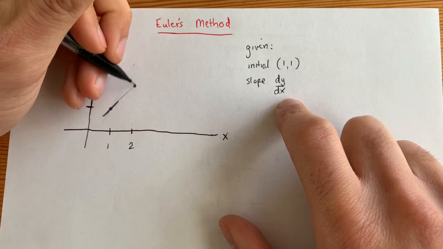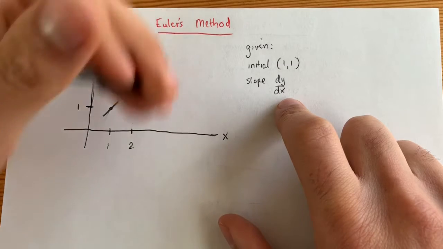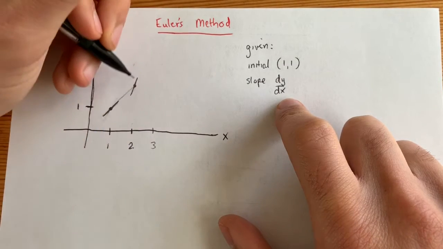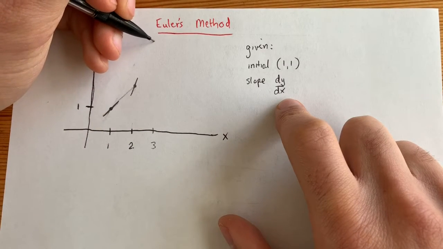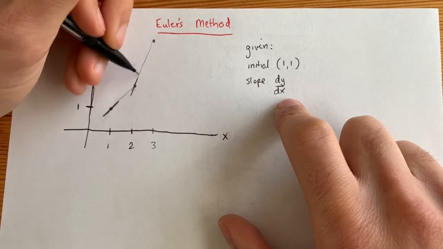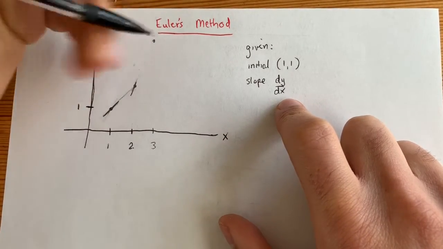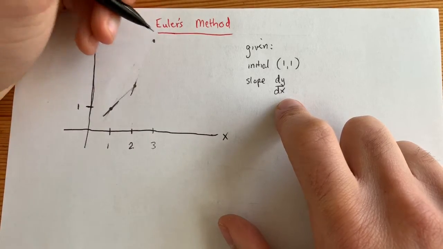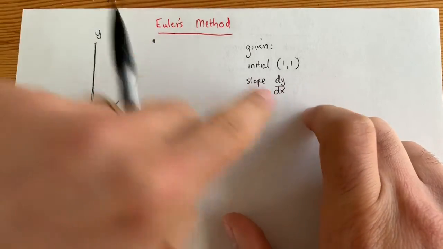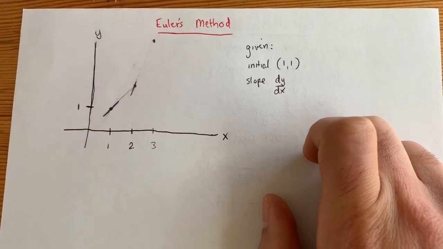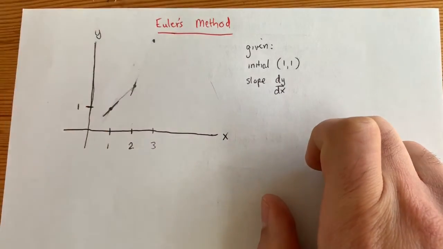That next slope may be even steeper, which would allow us to get the third point, up here somewhere. We can keep estimating values as long as we know a point and the slope, and who knows, it might bring back down.